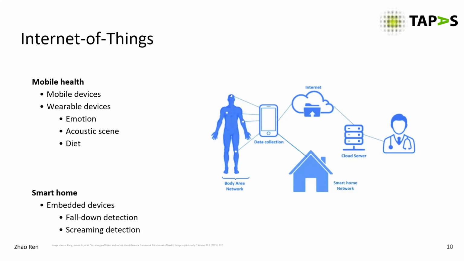And in smart home, we can use embedded devices to detect falls for elderly people. Therefore, we can give them timely help. And screaming detection can help us ensure our safety at home or at public places.